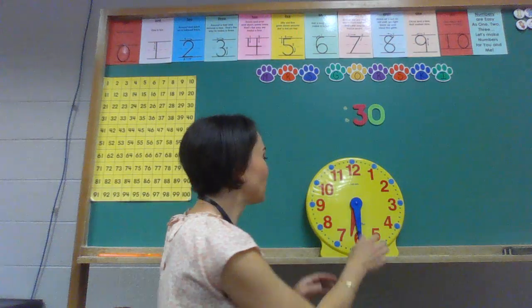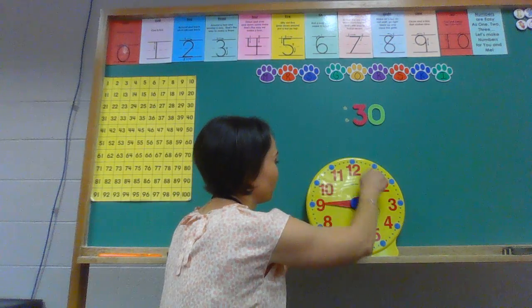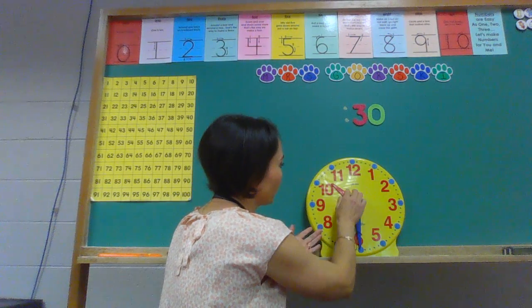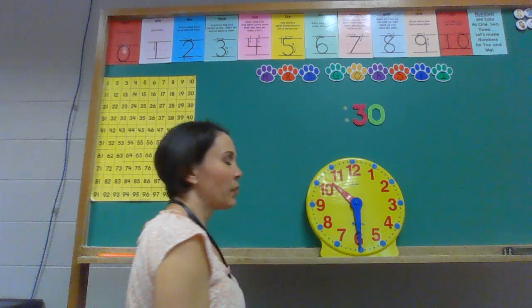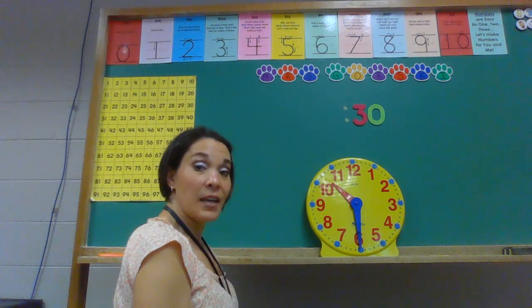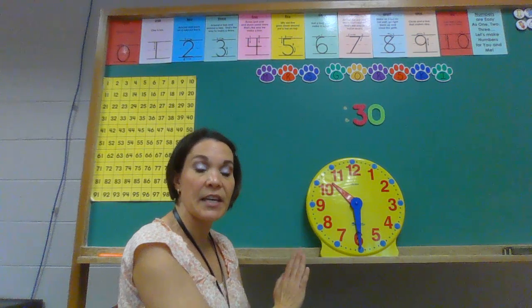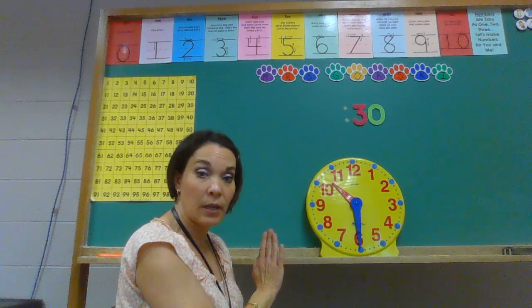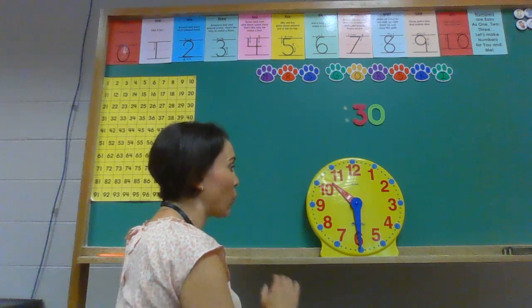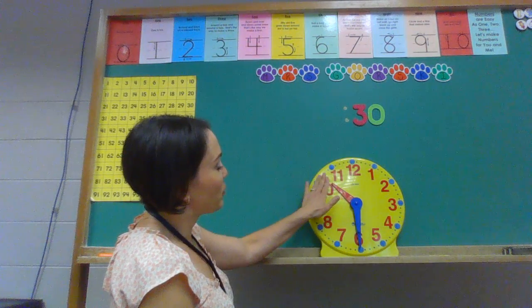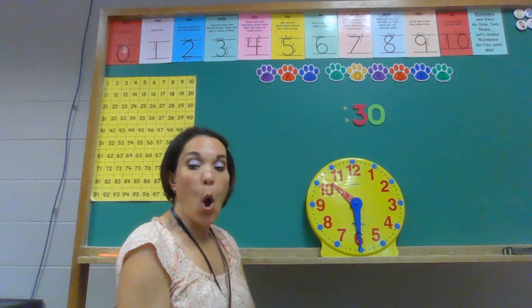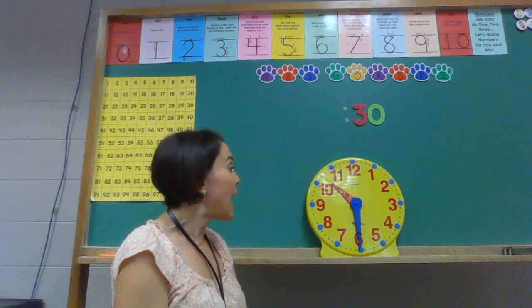All right, let's do another one. Here we go. Now, again, remember, the minute hand is always going to be on that 6 because we're talking about 30, half past the hour. But now our hour hand is in between the 10 and the 11. What would you say the time would be?